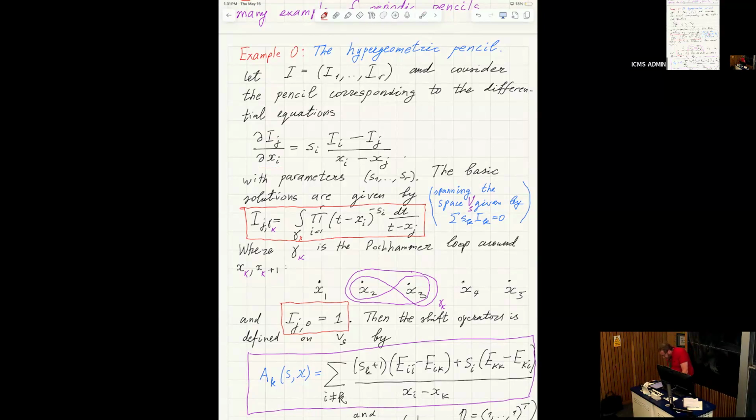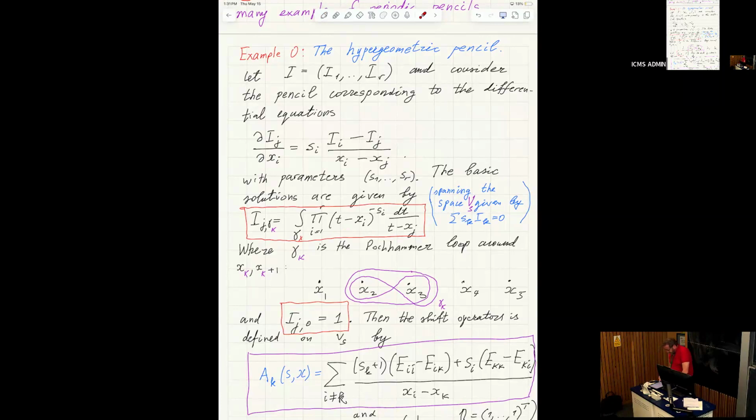And the j-th coordinate of this solution is the integral over this cycle of this product times dt over (t minus z_j).